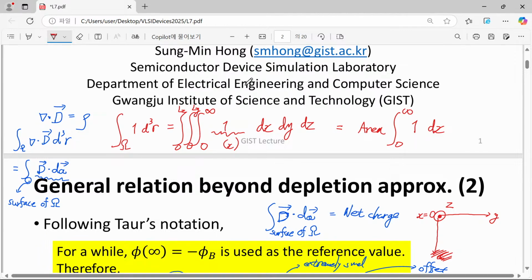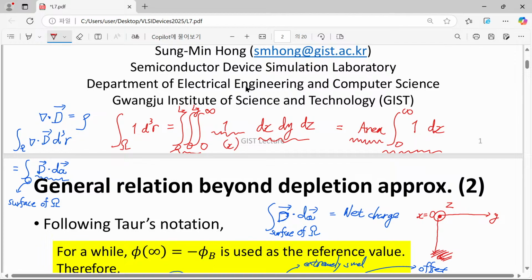However, when the volume is specifically easy, like a box, we can write down this triple integration, and the dy integration and dz integration can be converted into a multiplication factor of area, and the remaining thing is only this one, the integration over x.